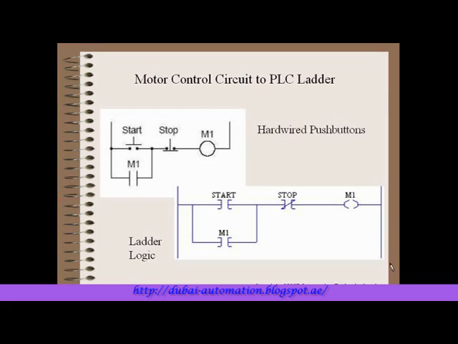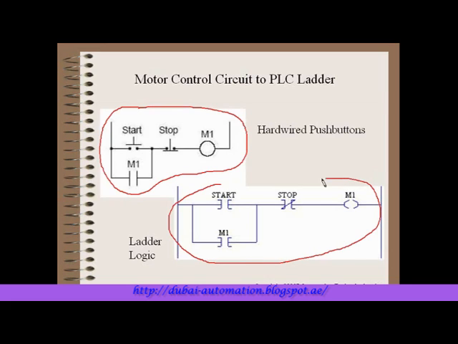So what this now gives us is a situation where we have our hardwired circuit above here, and we have our PLC ladder logic representation of that circuit. Now, this start contact, you see the difference? They're slightly different in the way they are shown here.